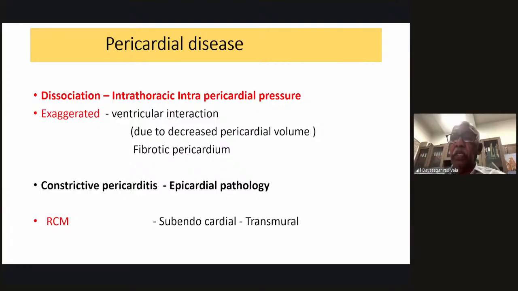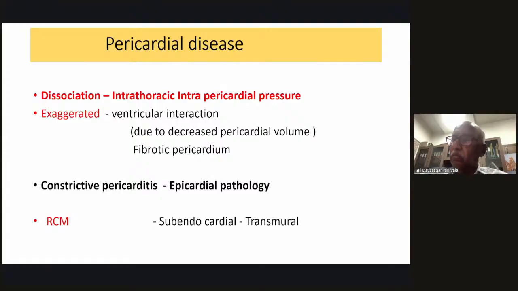And the third important thing to remember is constrictive pericarditis is basically an epicardial pathology involving the pericardium, to some extent the epicardium, whereas restrictive cardiomyopathy is basically a subendocardial phenomenon that extends transmurally over a period of time. The importance of that is that subendocardially there are longitudinal fibers.